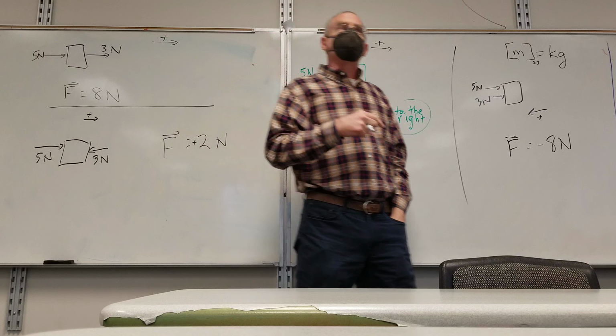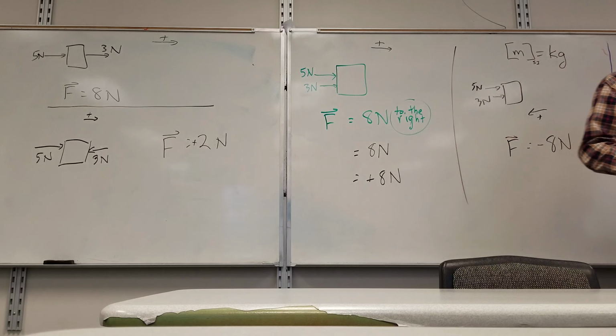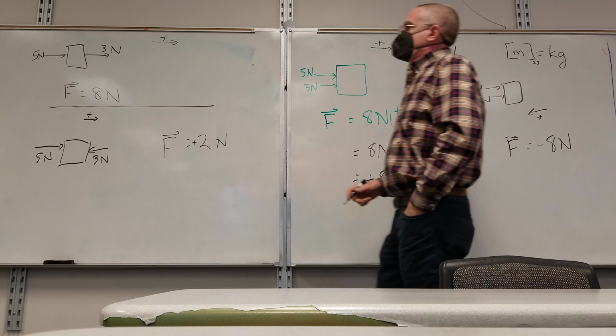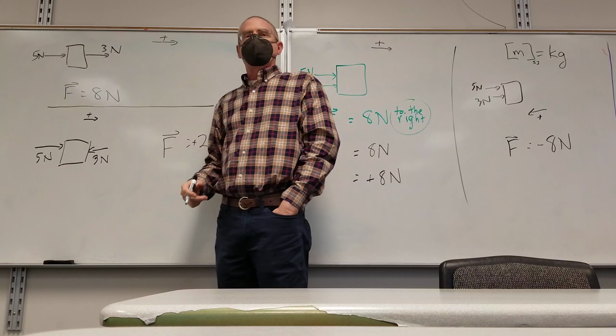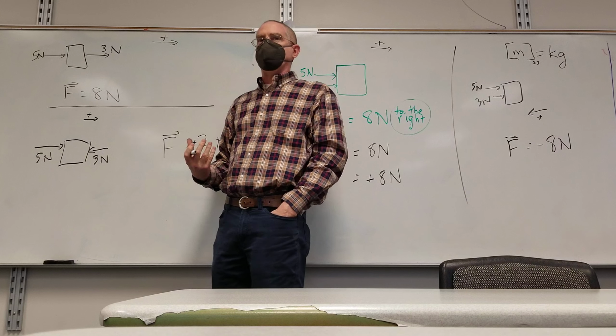When I'm adding vectors, if it's a one-dimensional problem, so everything is just left, right, or up, down, I can draw a line and everything is parallel or anti-parallel to it. I can turn this into a basic problem.